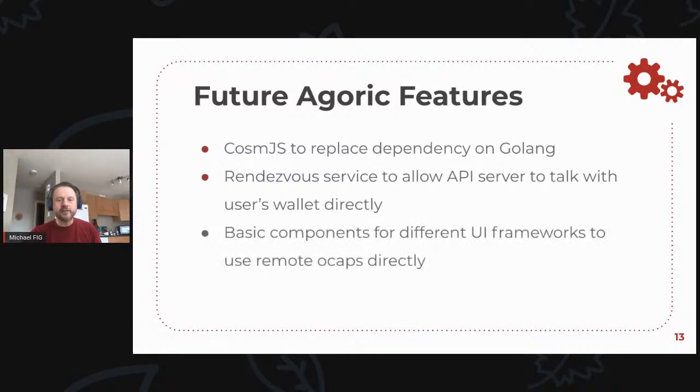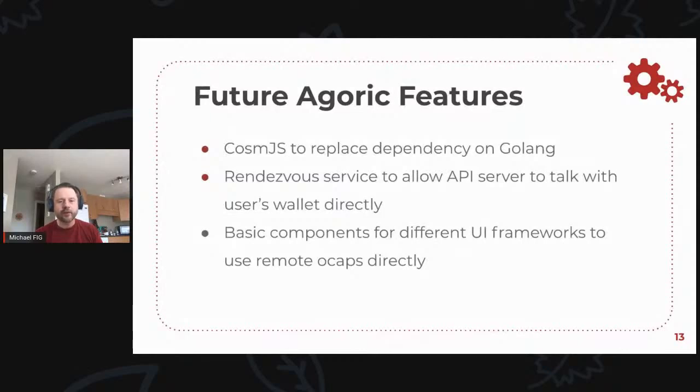Also, we want to provide basic components for a bunch of different UI frameworks to use remote OCAPs directly. Some of our sample dApps use a WebSocket API to talk to the dApp backend, and also use the same WebSocket API to talk to the wallet. But those WebSocket APIs have custom messages depending on what kind of functionality you want to call, and there's a lot of glue code to make that work properly between a dApp and your wallet or the dApp API.